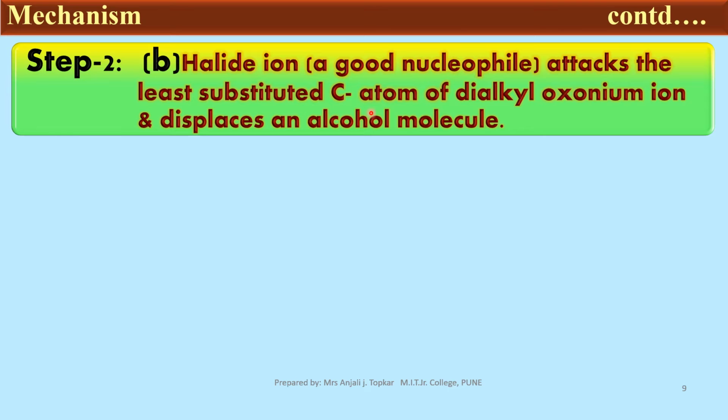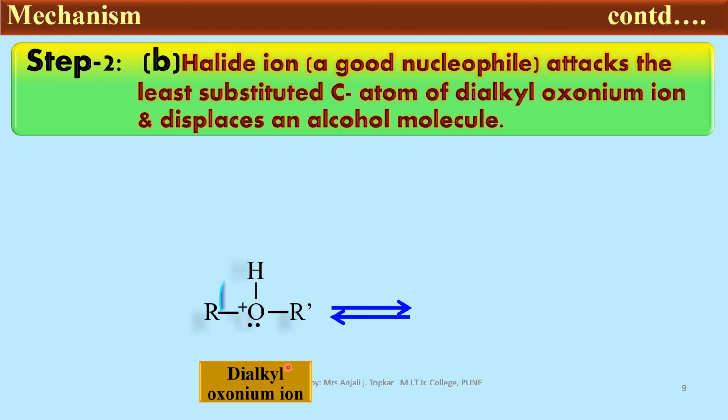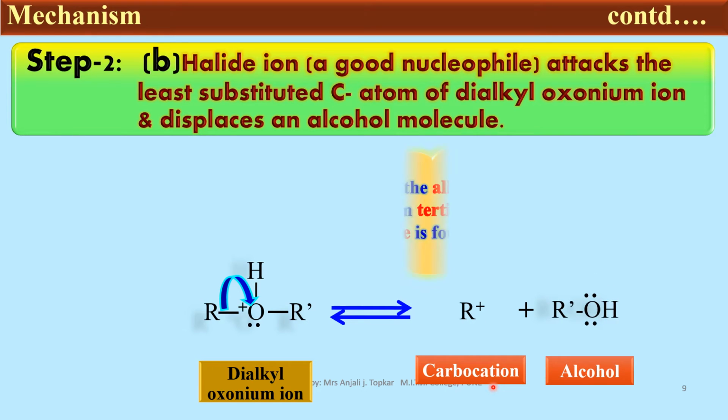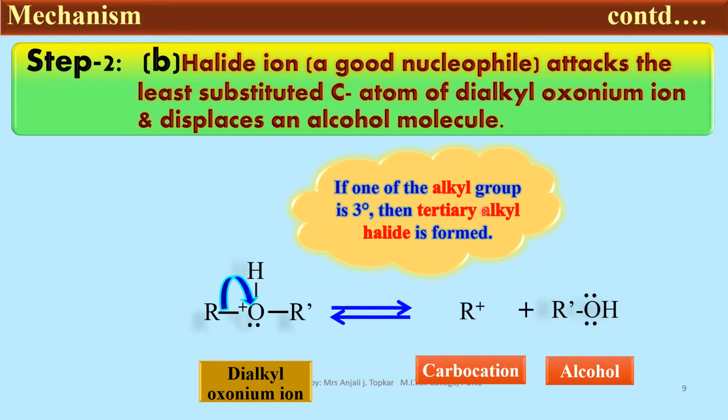As here the bond gets broken, we find alcohol is obtained and R positive, that is carbocation, is formed. If one of the alkyl group is tertiary, then tertiary alkyl halide is formed. Departure of alcohol molecule creates stable carbocation by SN2 mechanism.